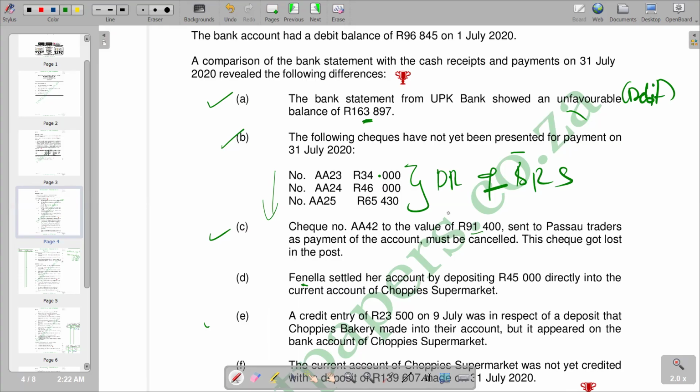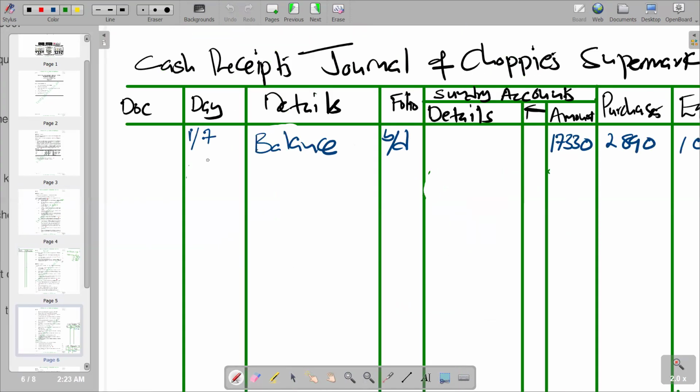And all the details, we are going to put the name of the business where we sent the check, this Passau Traders. So we check for all the dates. Remember, we're going to put the end of the period date, 1 July, so we'll say 1/7.